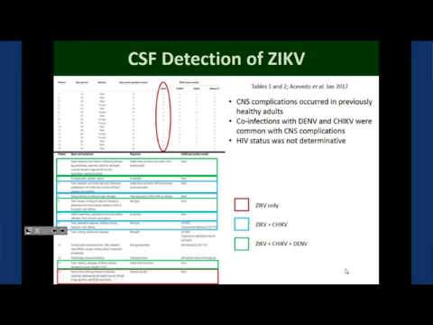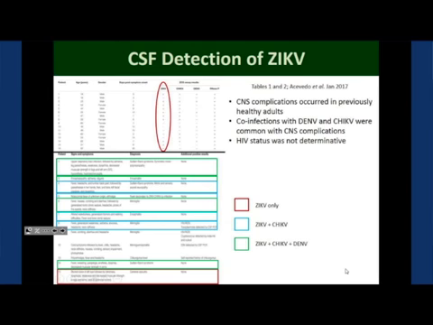They were clear-cut meningoencephalitis or encephalitis patients. Some of them were co-infected with Zika and chikungunya and dengue, so that's a bad luck situation. Some of them had Zika and chikungunya, but at least one patient in this study and several patients in other studies were infected with Zika alone.